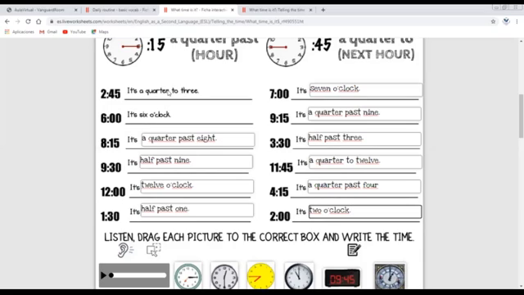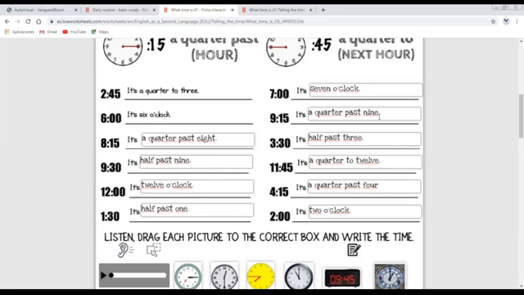It's a quarter to 3. It's 6 o'clock. It's a quarter past 8. It's half past 9. It's 12 o'clock. It's half past 1. It's 7 o'clock.